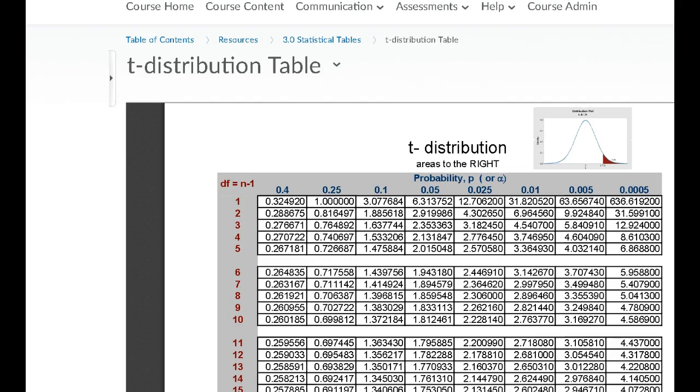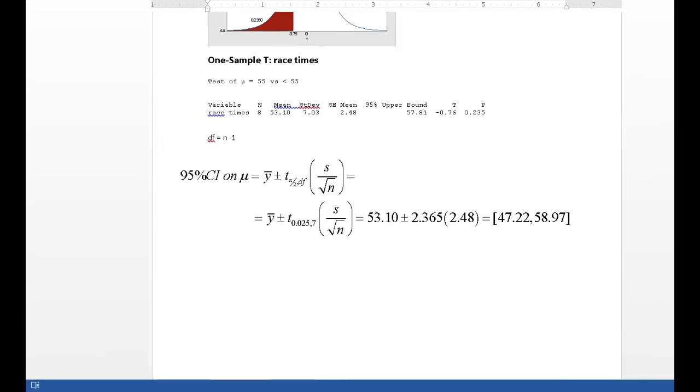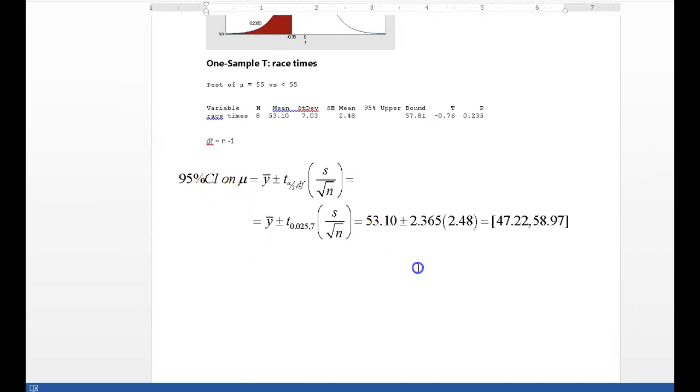All right, now come back here. So what can I say? I'm 95% confident that the true average time it takes Bjorn to run this race with this wax falls somewhere between 47.22 to almost 59 seconds.